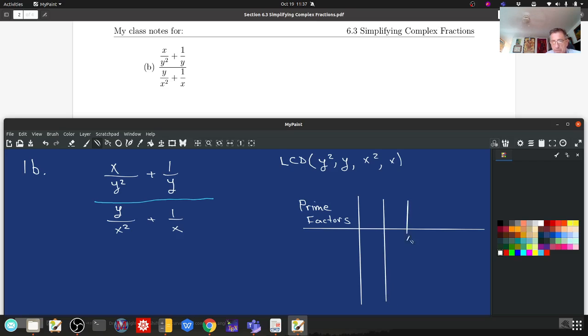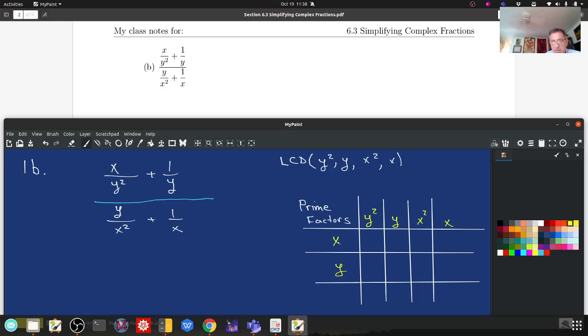It's really simple, and I hope you're already saying, yes, I know what the answer is, but I'm afraid some of you may not. So that's the reason I'm going ahead and doing this. So our prime factors, when we have single variable terms, are just those single variables. That's x and that's y. And I have a y squared and a y and an x squared and an x.